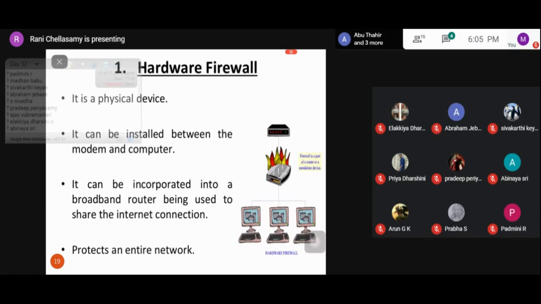This firewall can be installed between the modem and the computers, that is, it is installed in a router or a standalone device. It can be incorporated in a broadband router being used to share the internet connection. So a hardware firewall will protect the entire network.